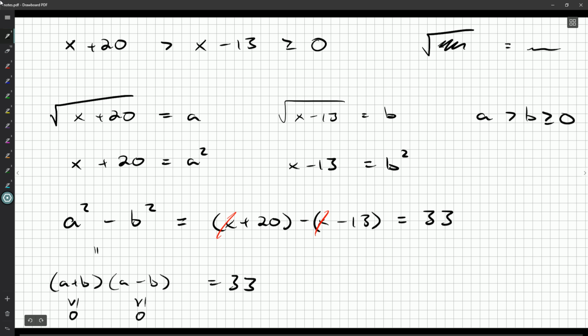Well, I know that 33 is 3 times 11. So we have only really two possibilities. Will each lead to an x? I don't actually know.